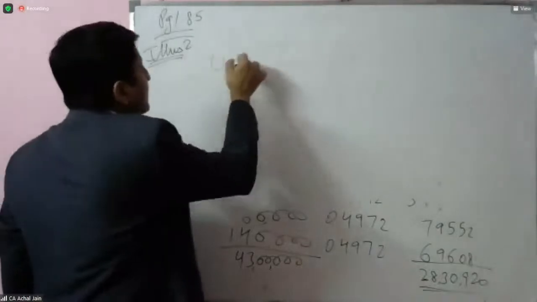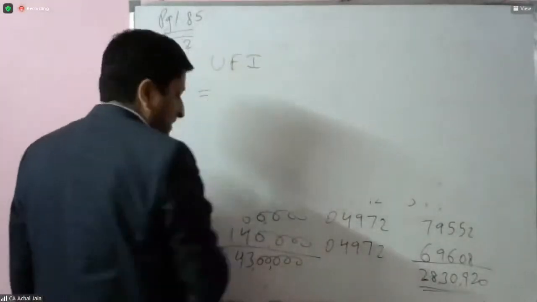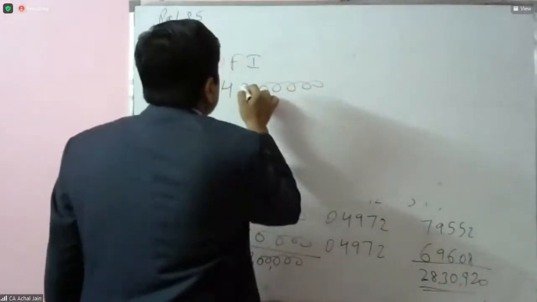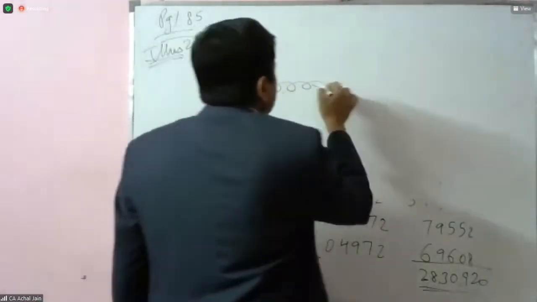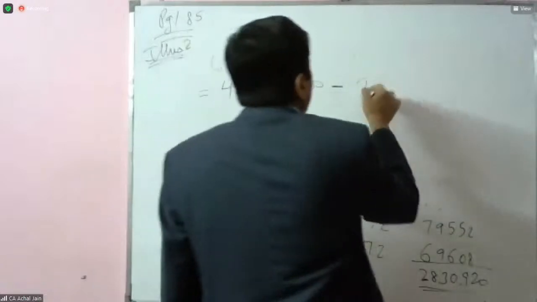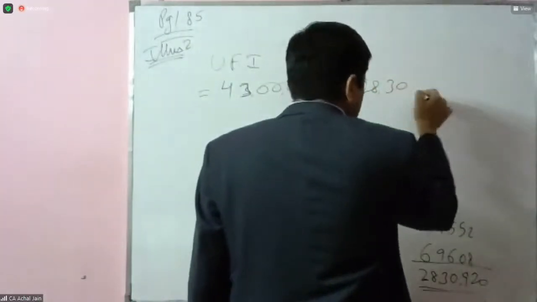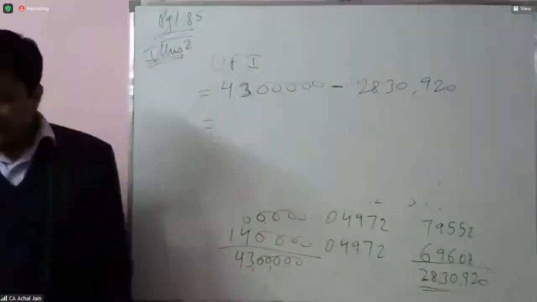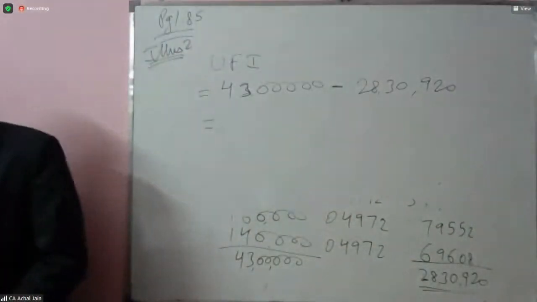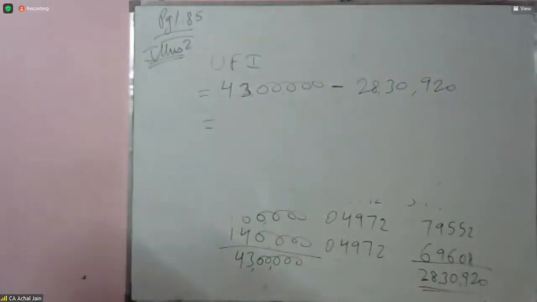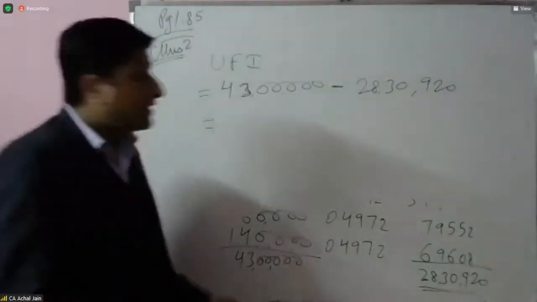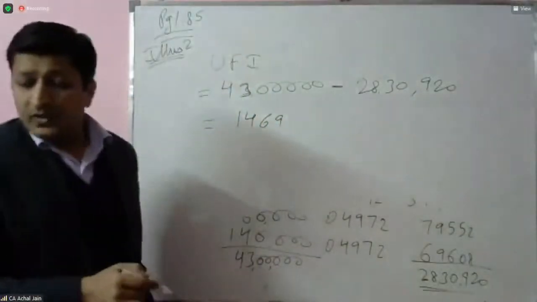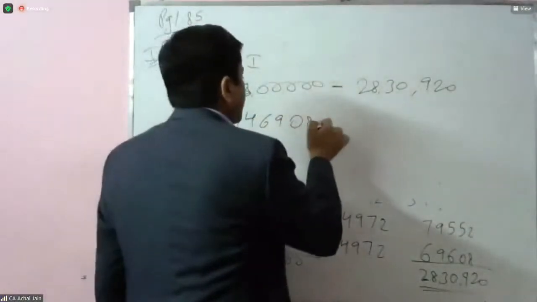So unearned finance income is 43 lakhs less 28 lakh 30,920. Basis which, what do you get? Basis which we will get 14 lakh 69,080.